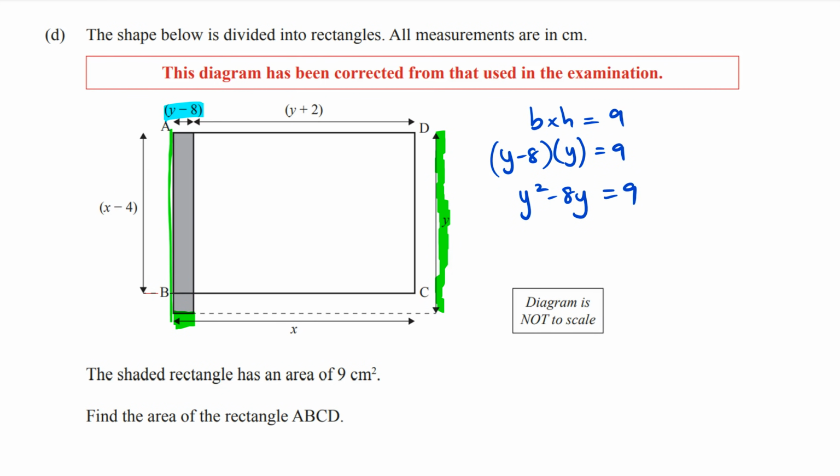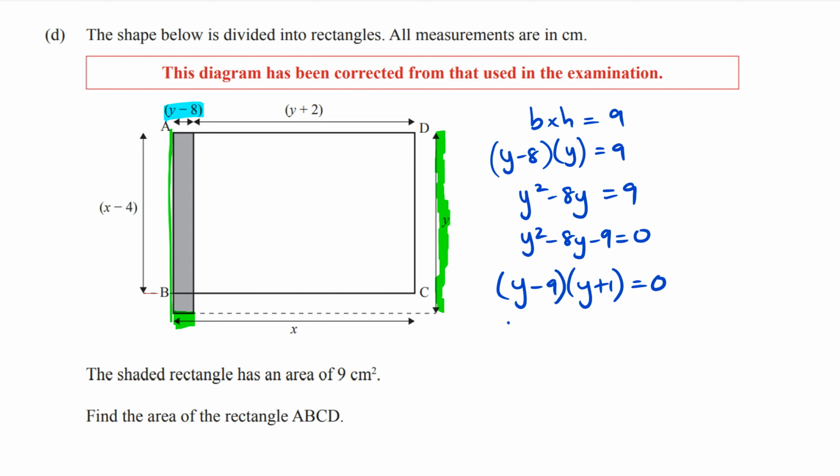And what we can actually do is factorize this and figure out what y is. So when we rearrange this, we're going to get y squared minus 8y minus 9 is equal to 0. Let me just get rid of this little thing here. Just need some space. Although mind you, that part comes later on, that whole idea behind the diagram not to scale. Anyway, we're going to factorize this, and so we're going to get y minus 9 multiplied by y plus 1 is equal to 0.